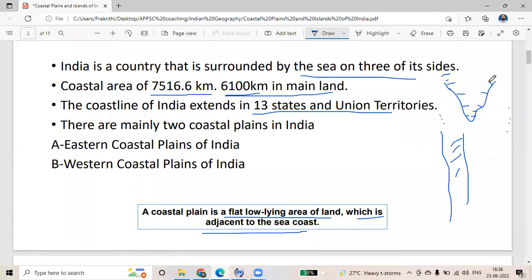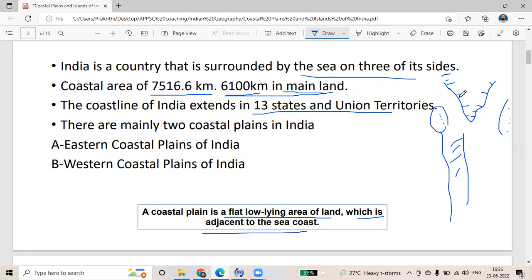So that is our coastal stretch, covering almost 13 states and union territories. When we talk about coastal plains, we don't usually consider the islands, we set them apart. The coastal plains are not considered for these 2 islands. We consider the coastal plain only for the mainland region.